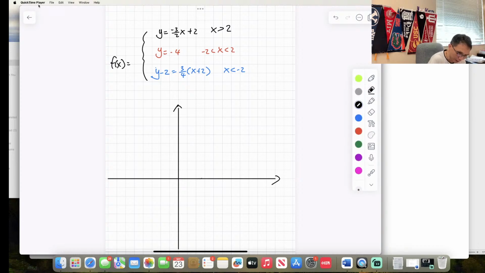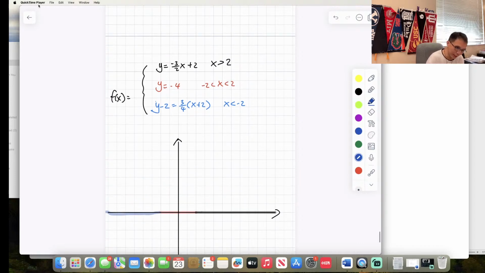If you have a color pen, it will help you organize things. So from here on, it's gonna be black, and from here on is red, and from here on is blue. So I'm gonna graph each function based on this particular restriction.